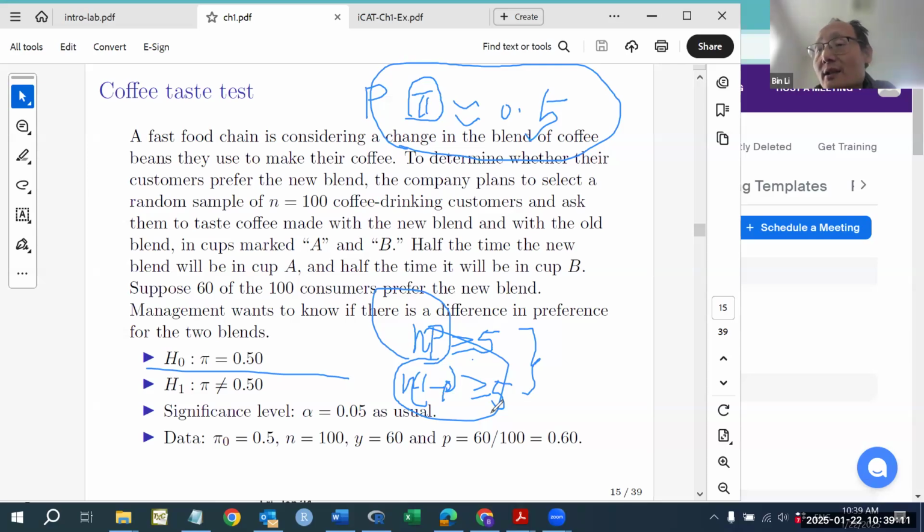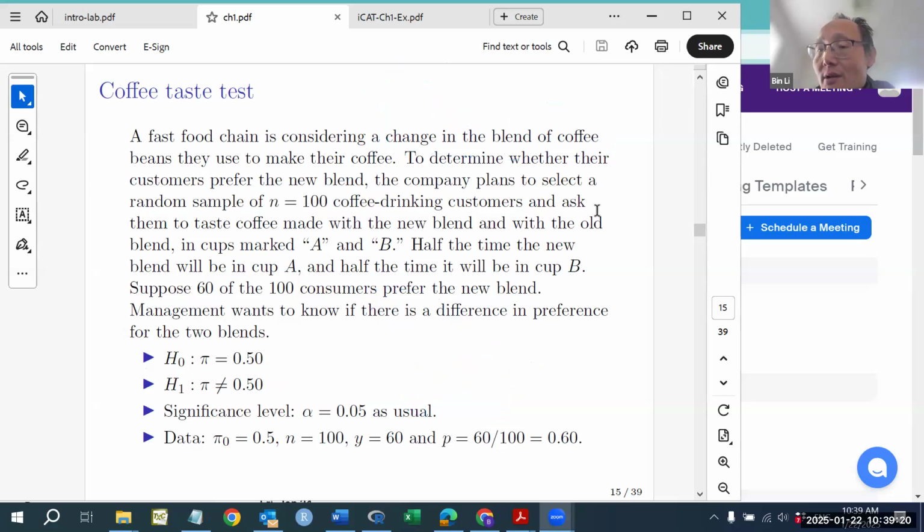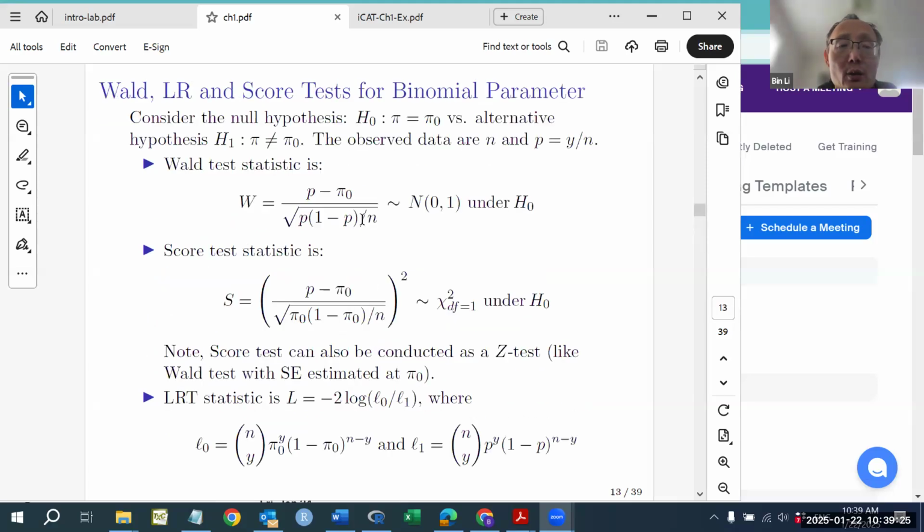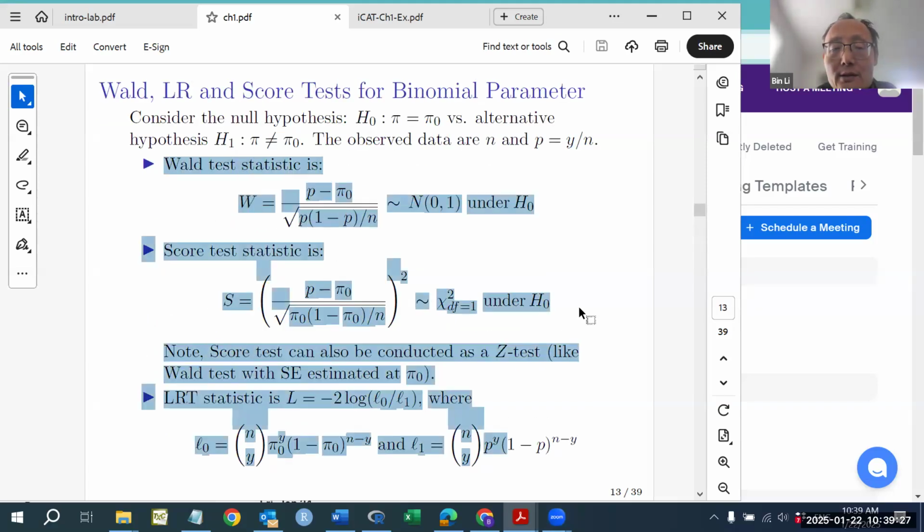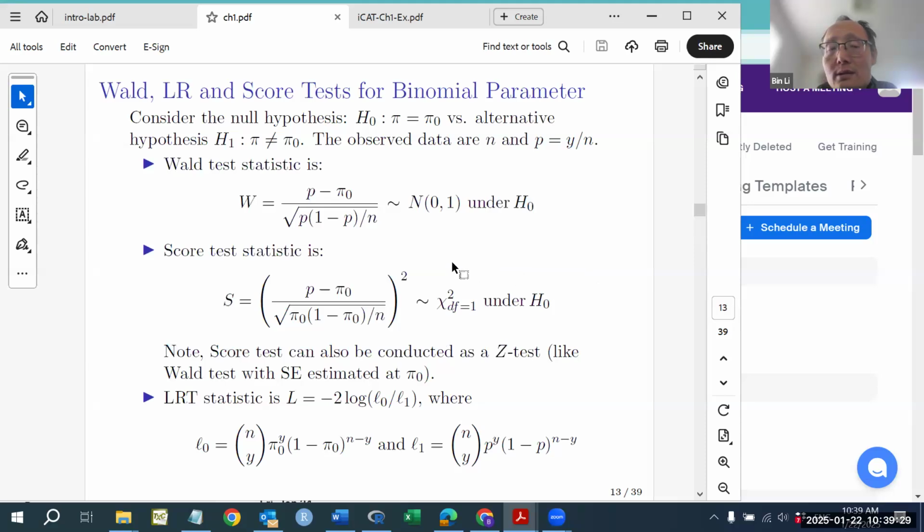Keep in mind that the central limit theorem is the key assumption required for doing the Wald test and score test, and also the likelihood test, because these are based on normal approximations. They are not exact. Okay, we will talk about some exact cases in a minute.